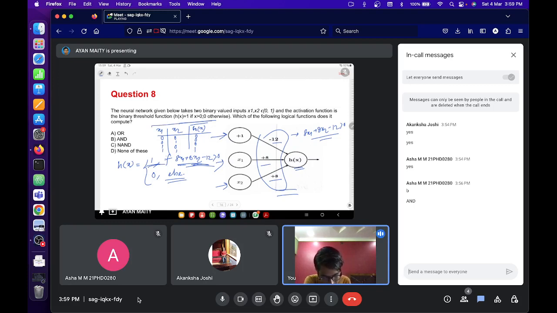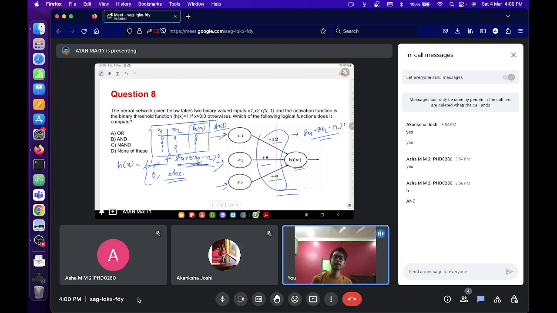So this is the truth table that it would compute. If you observe this truth table, you will find that the output h(x) is 1 only when both x1 and x2 are 1, and for every other case it is 0. So this is surely an AND gate.